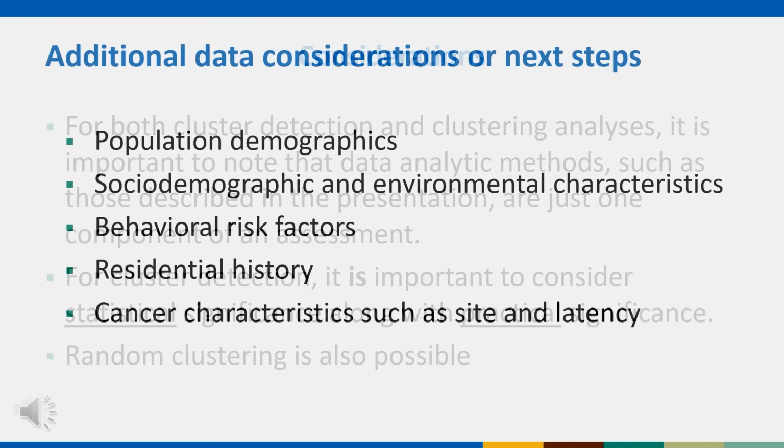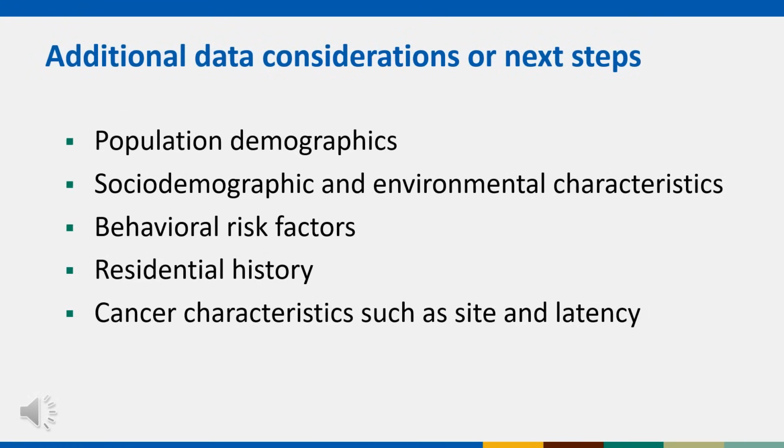Bullet points. Population demographics, socio-demographic and environmental characteristics, behavioral risk factors, residential history, cancer characteristics such as site and latency. Understanding the population demographics, sociodemographics, and environmental characteristics, for example, of identified clusters can be important as well as a multitude of other factors such as residential history, cancer site, and cancer latency.